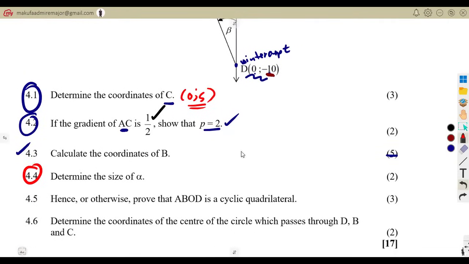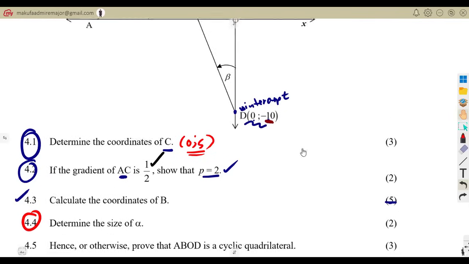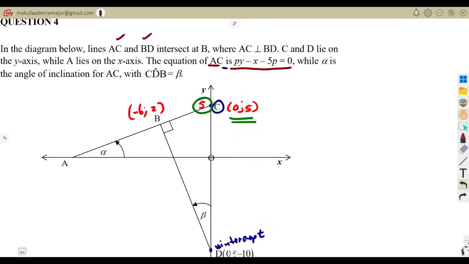Then 4.4, determine the size of alpha. Remember, alpha is the angle of inclination of the line AC. This is where we have our alpha. And the line AC, we saw that the gradient of this line is half, remember? From the line AC, its equation was half of x plus 5.